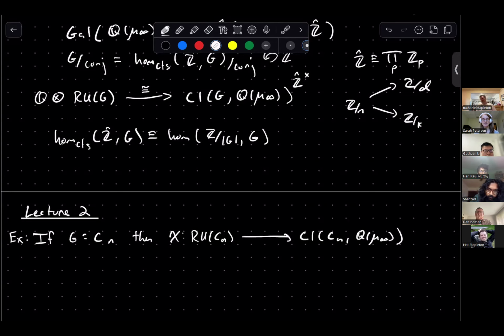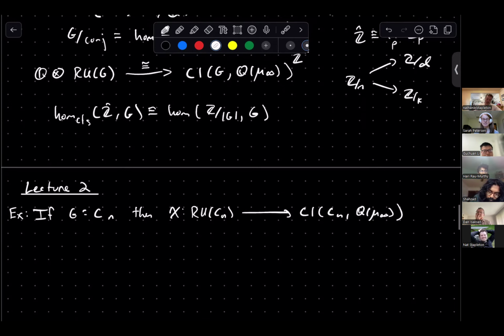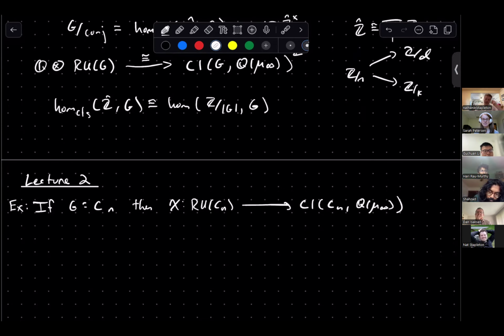Of course, the conjugacy classes in Cn all have exactly one element in them because Cn is abelian. We gave a presentation for Ru of Cn last time, and we had this special element x, which corresponded to the action of Cn on the complex numbers given by multiplication by e to the 2 pi i over n.